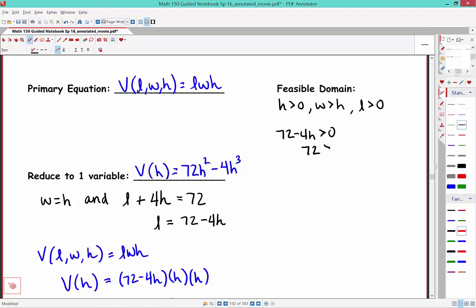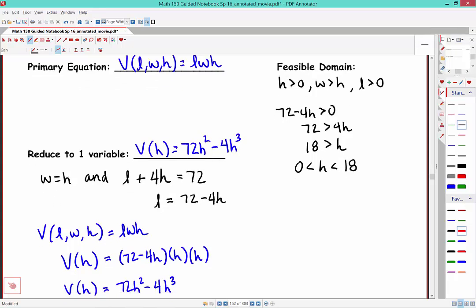So 72 has to be greater than 4h, and that gives us 18 has to be greater than h. So that bounds h between 0 and 18. And remember, the width is the same as the height. So we've got everything bounded.